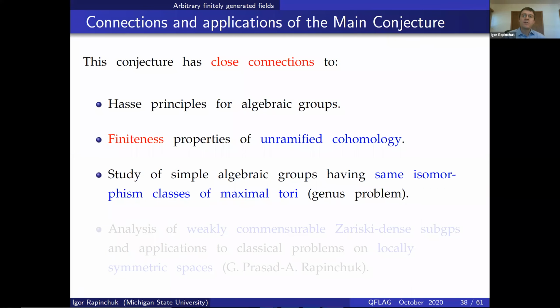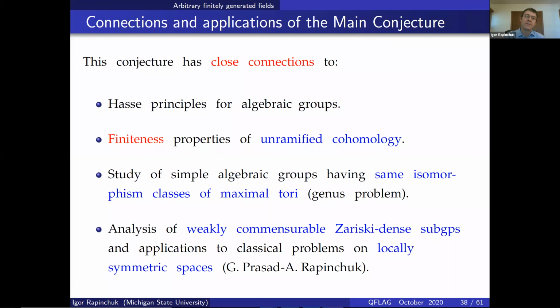And this conjecture also has important consequences for the analysis of algebraic groups having the same isomorphism classes of maximal tori. This is sometimes referred to as the genus problem. So hopefully I'll have time to say something about each of these three items.